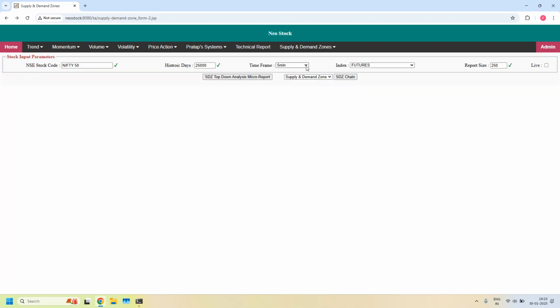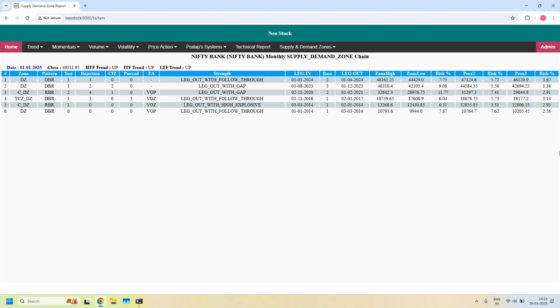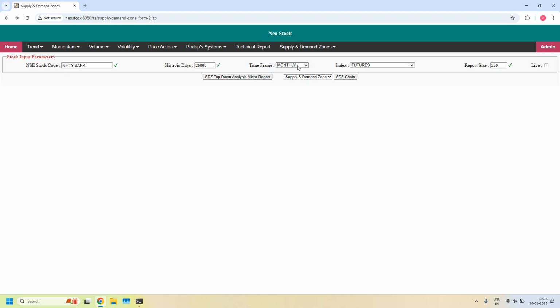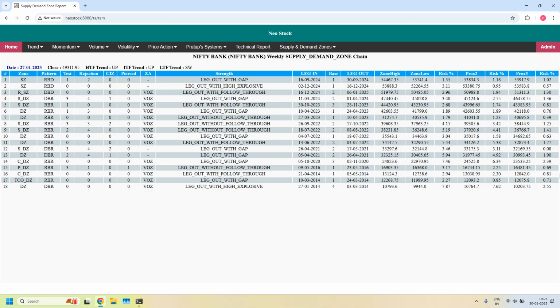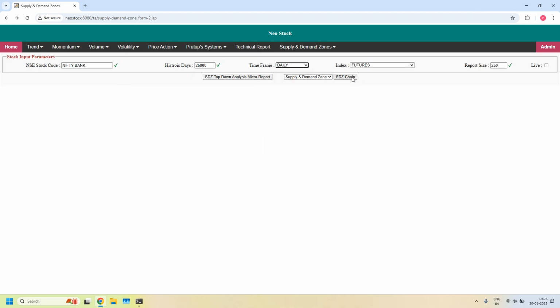Next, Bank Nifty supply demand zone chain I will generate. That is nothing but Nifty Bank. Generating monthly supply demand zone chain for Bank Nifty. Next, weekly supply demand zone chain for Bank Nifty. Next, daily supply demand zone chain for Bank Nifty.